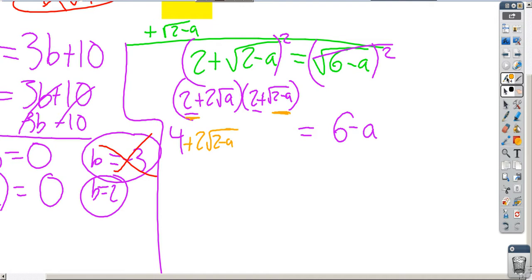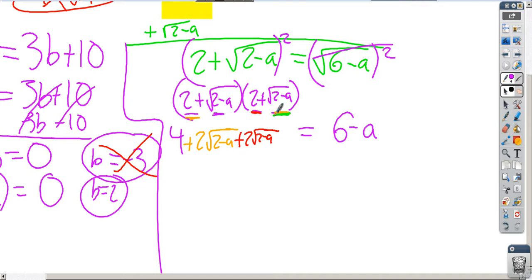The inside terms are going to be that radical times 2, which is 2 times that again. And the last terms are going to be radical 2 minus a. Actually, I wrote that wrong, I'm sorry. The 2 is not outside. I wrote it correctly here, but not in the other place.